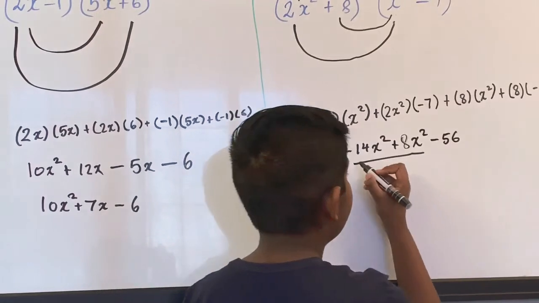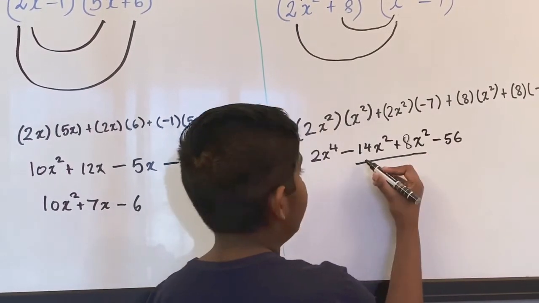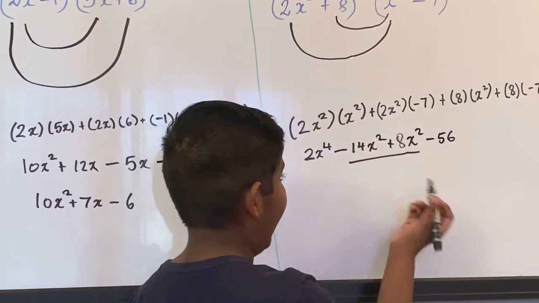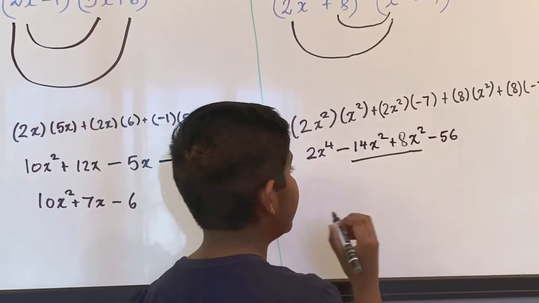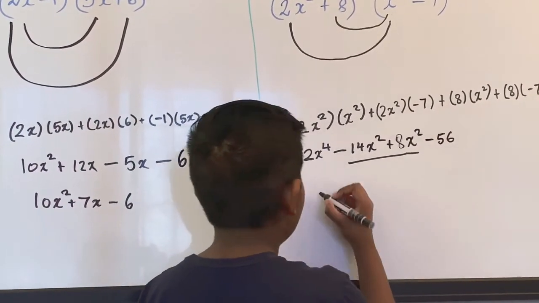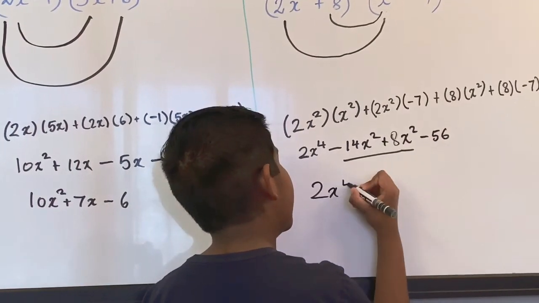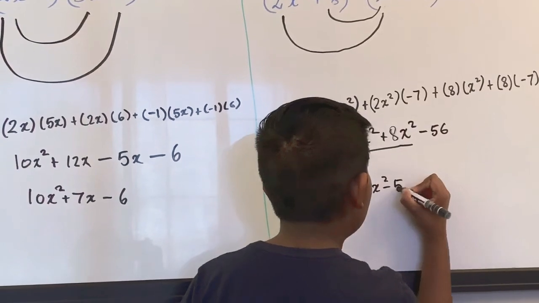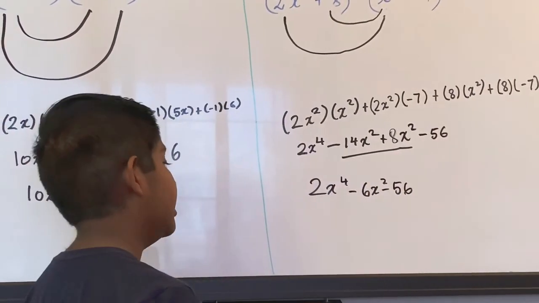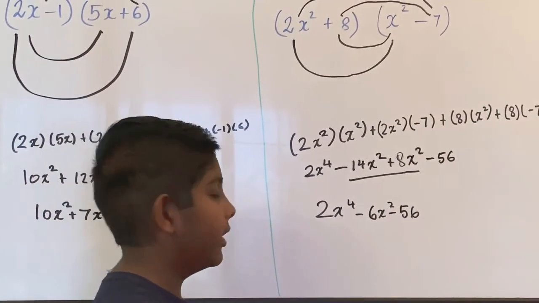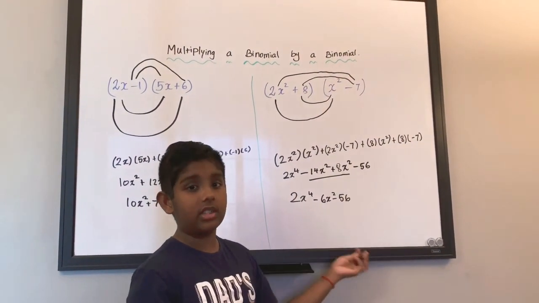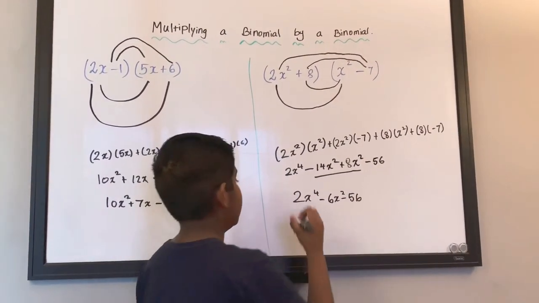And then we have the same variable and exponent, so we can just keep it as it is. That's going to be 2x power 4 minus 6x squared minus 56. That is our answer. We're leaving it at that because we have nothing else to simplify.